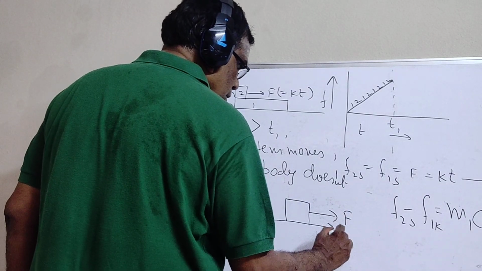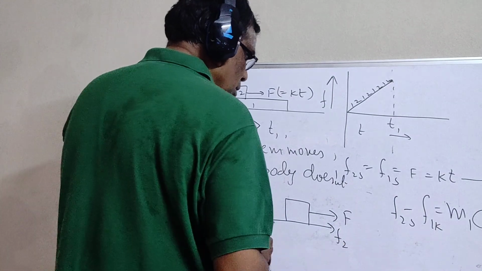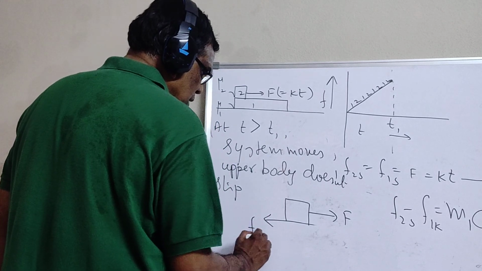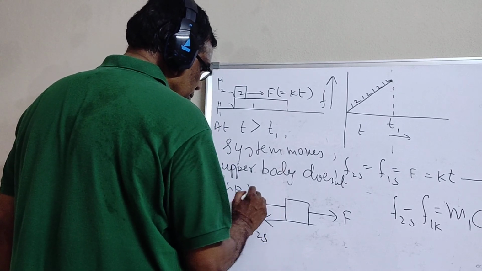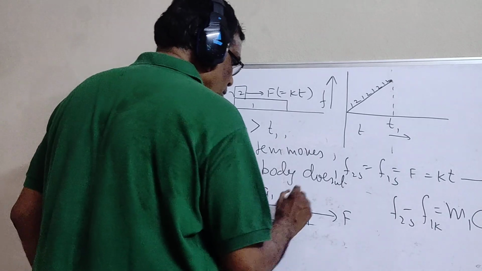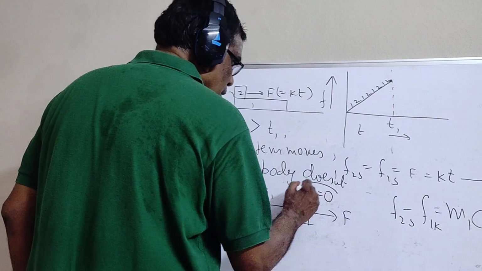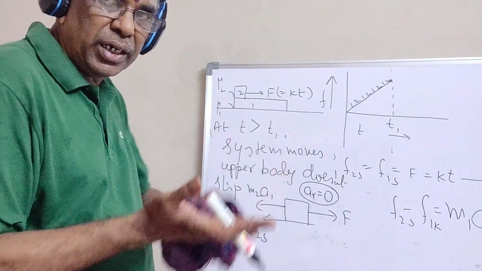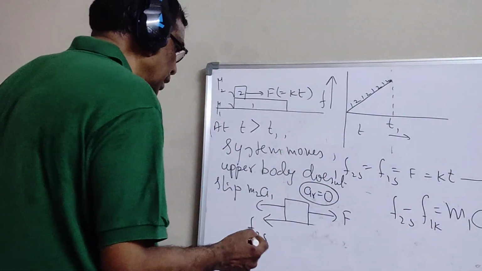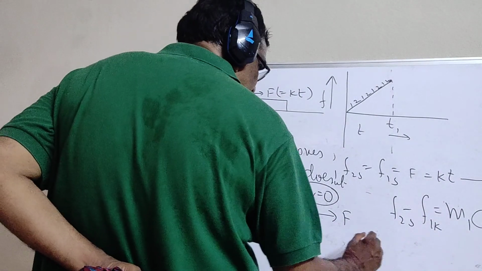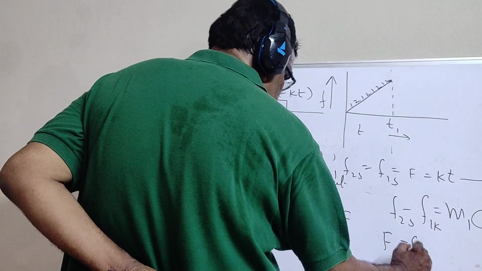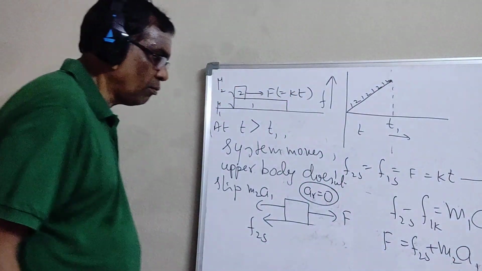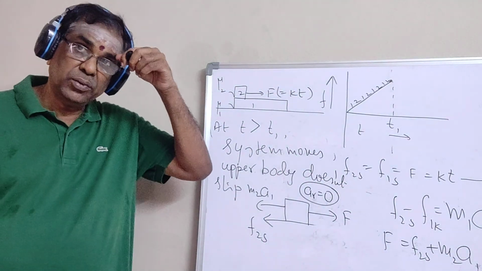This is F, this is F2S, M2A1. AR is 0. No slipping is taking place between the bodies. They are still moving together. So, how do you write here? F is equal to F2S plus M2A1.